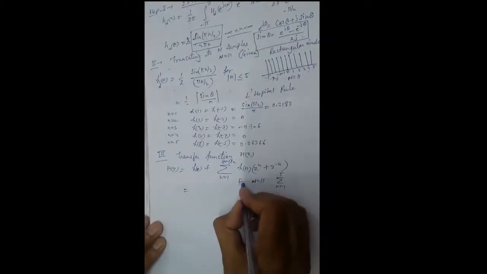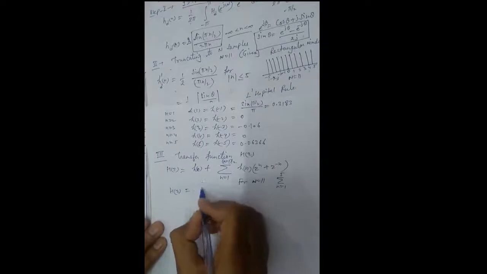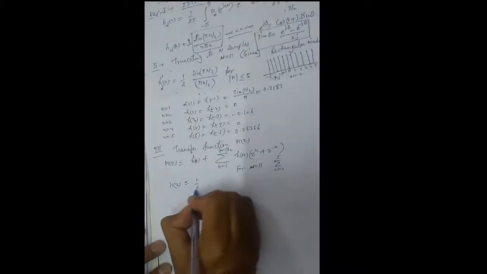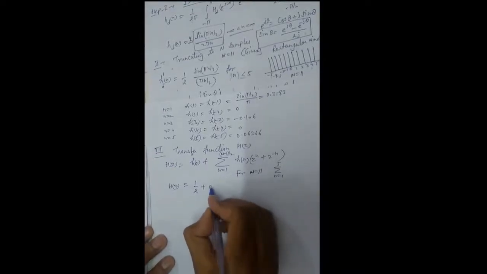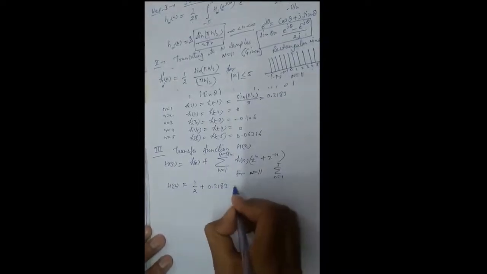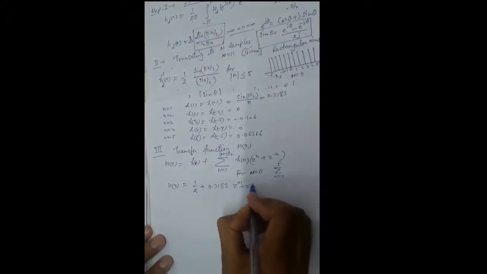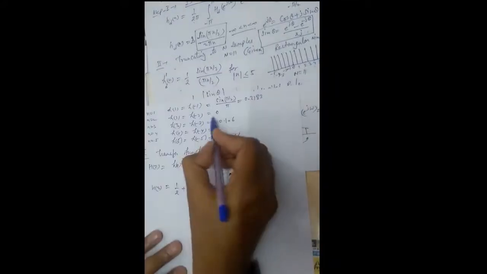Okay, so putting this formula, h0 we know is 1 by 2, plus h1 0.3183 (z raised to power 1 plus z raised to power minus 1), plus next value is 0, because h2 is 0.